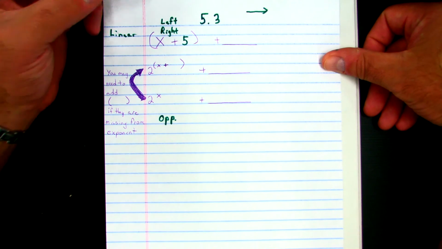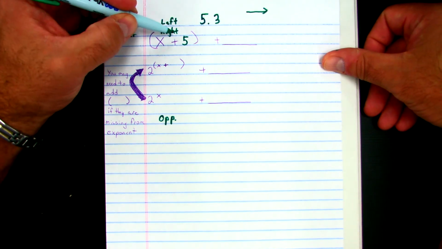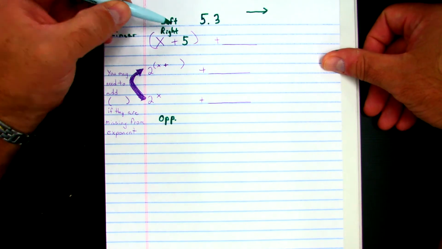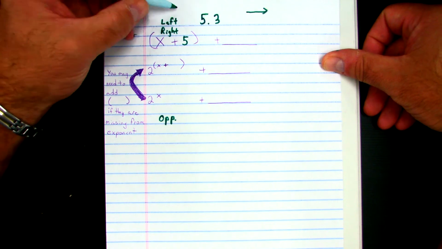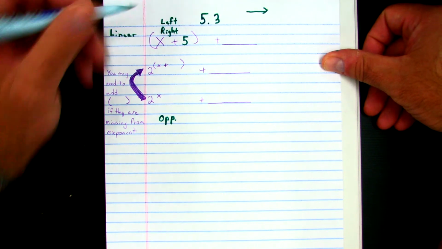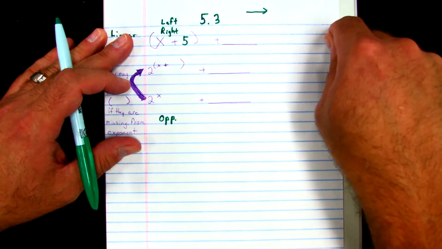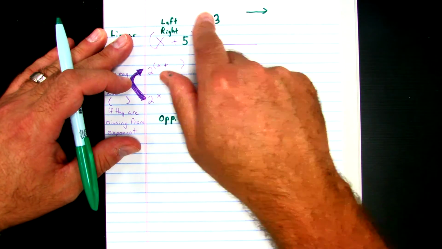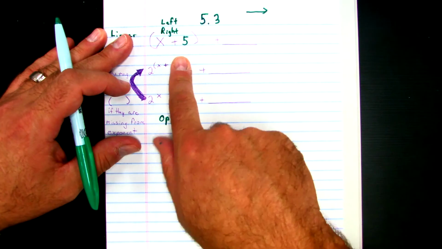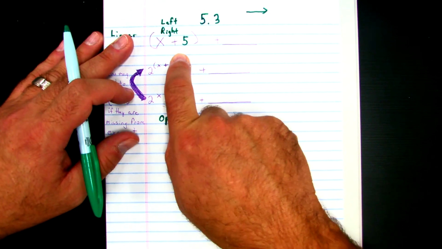But because it's in the parentheses, it means we're moving 5 units to the left. Okay? So positive usually means going right, and negative means going left. Well, when it's in the parentheses, we do the opposite.